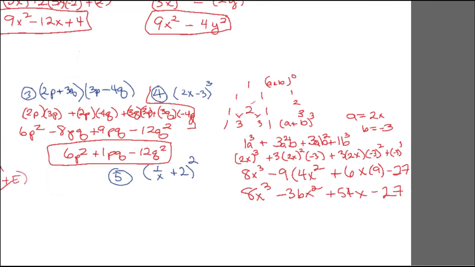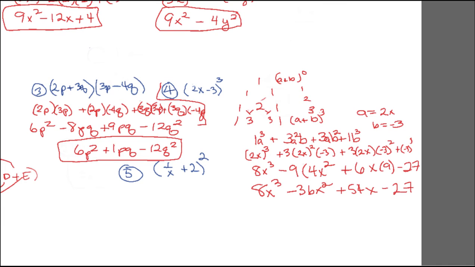Here, this is something that they might throw at you just to confuse you. Don't let it fool you. It's still just something plus something squared, so you can square the first term. Remember that little shortcut I gave you. Plus twice the product of the terms. Plus the last term squared.